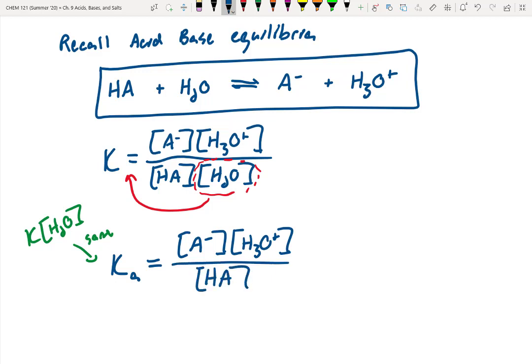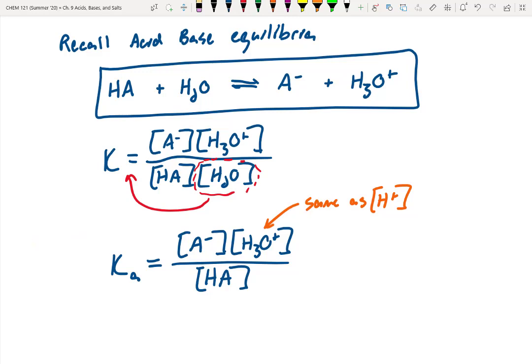So hopefully this is review from our previous video, but Ka values are really important and they're often used in chemistry. Oftentimes we just simplify H3O plus and say that this is the same as H plus, right? So quite often they're used in the exact same way, shape, and form.